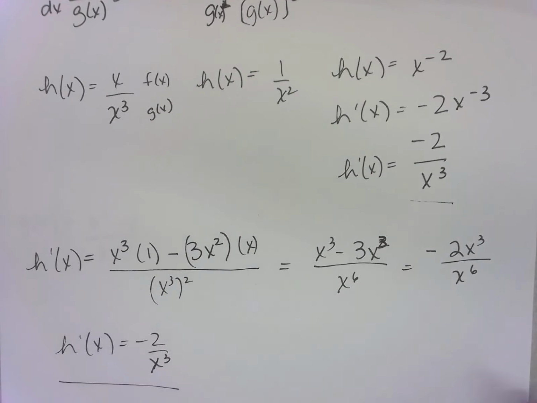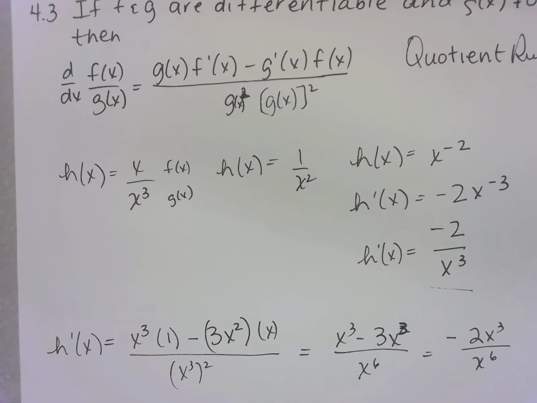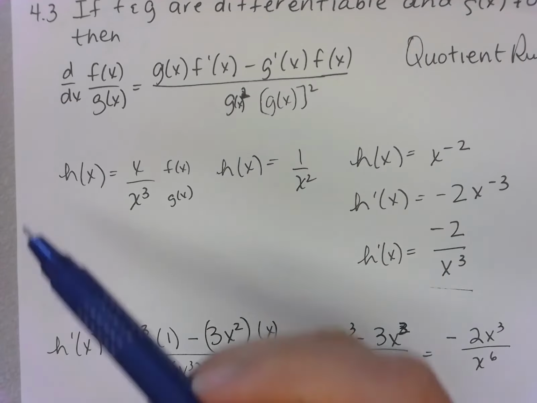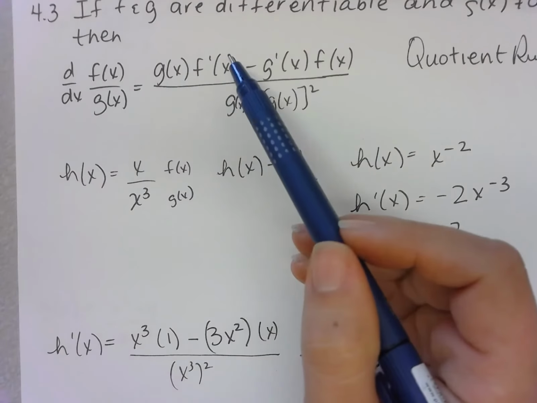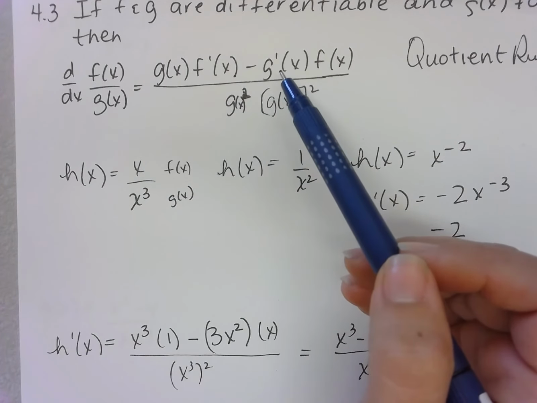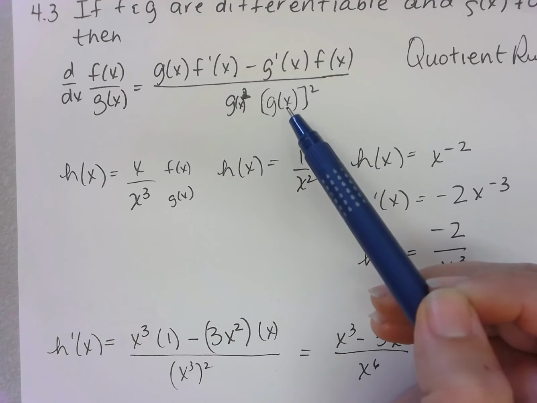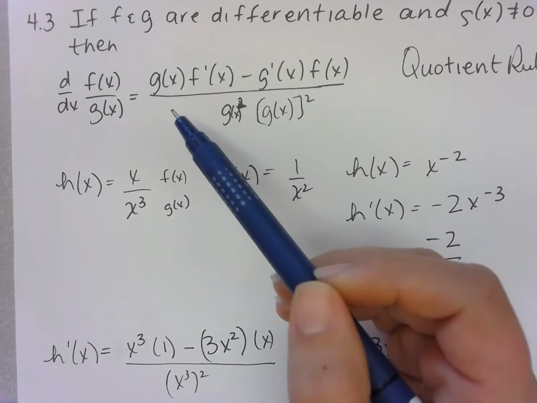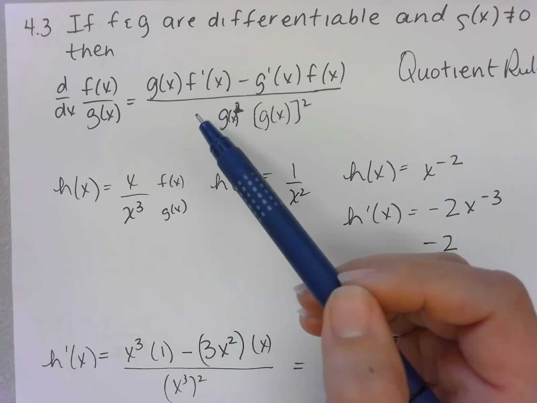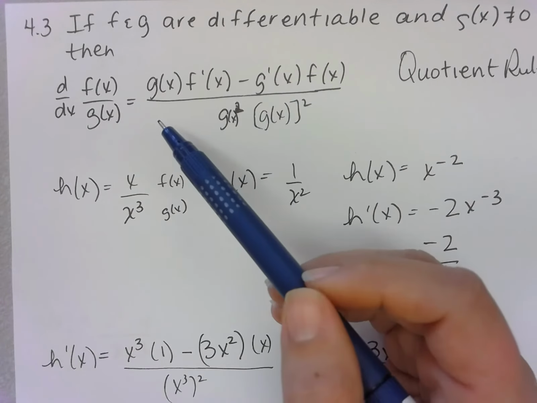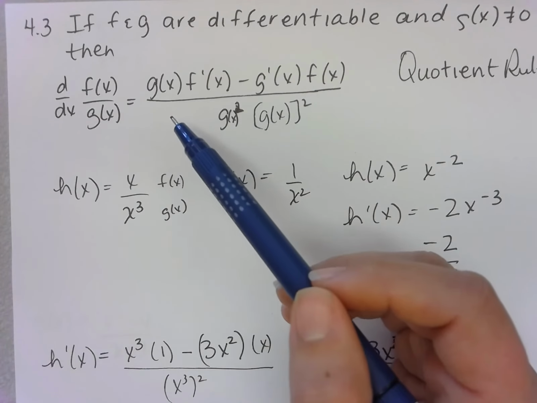So when you see a quotient, it's not the derivative of the top divided by the derivative of the bottom, it's the quotient rule, which says you have the bottom times the derivative of the top minus the derivative of the bottom times the top, all over bottom squared. There are some ways to remember this.